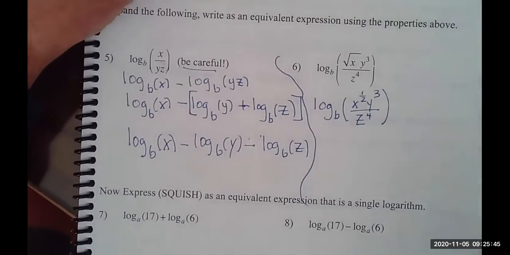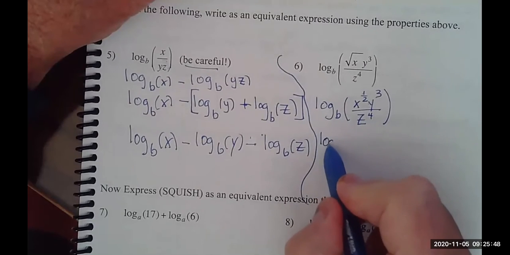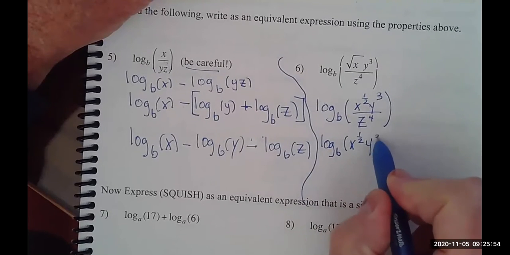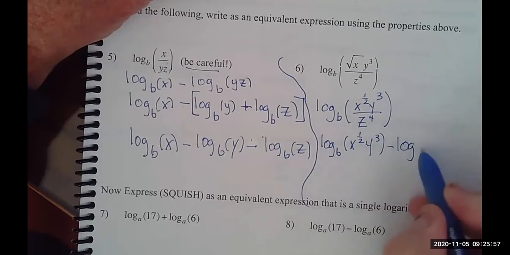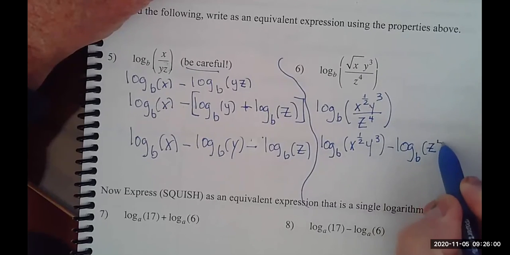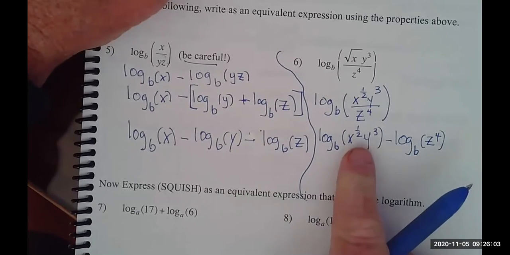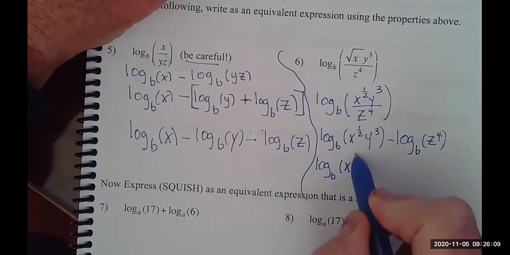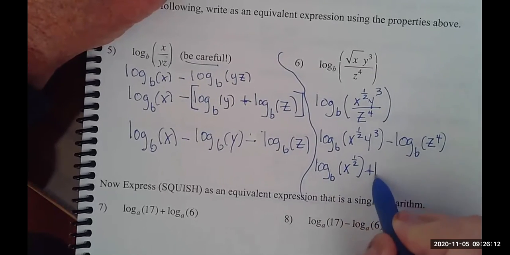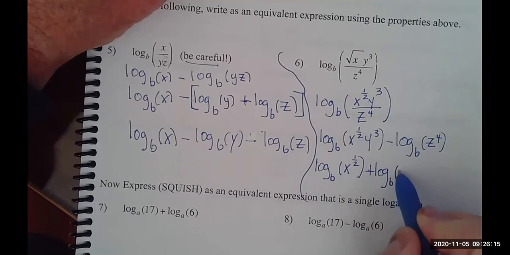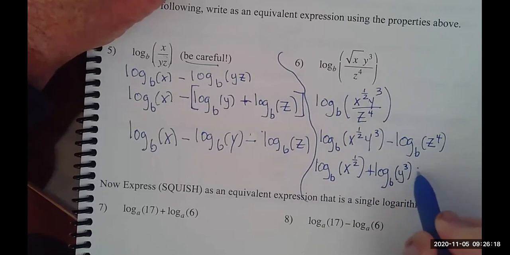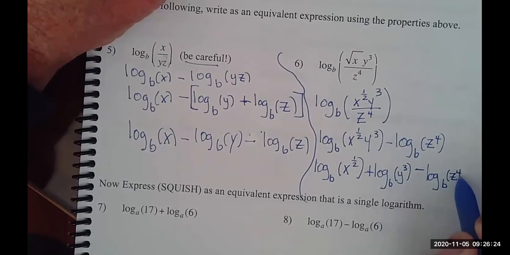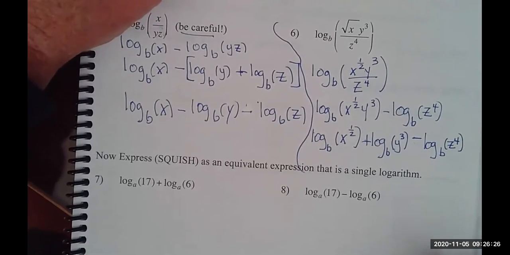Let's see, what do I want to do? Okay, quotient first. I'm going to go log base b of the numerator minus the denominator. Then product. And then finally, you bring down the powers in front.